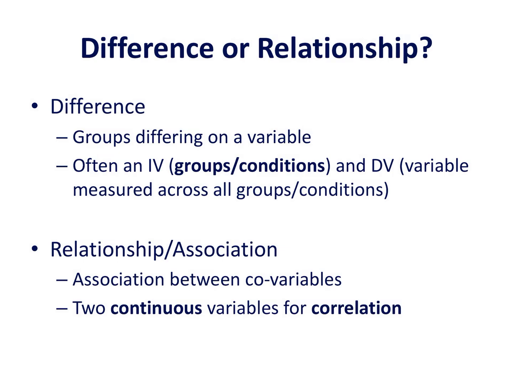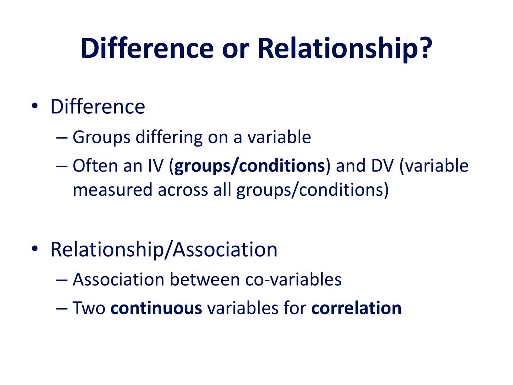Let's consider these three steps a bit more forensically. How do we know that we're interested in a difference in our data rather than a relationship? Well, the two biggest indicators to look for are where we have groups or conditions, where we're looking at different groups, different people or different variables, and maybe we're making comparisons between those groups. More often than not, this is when we have an IV and a DV.